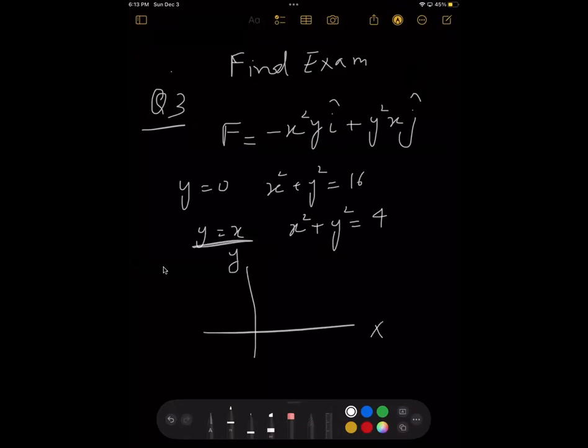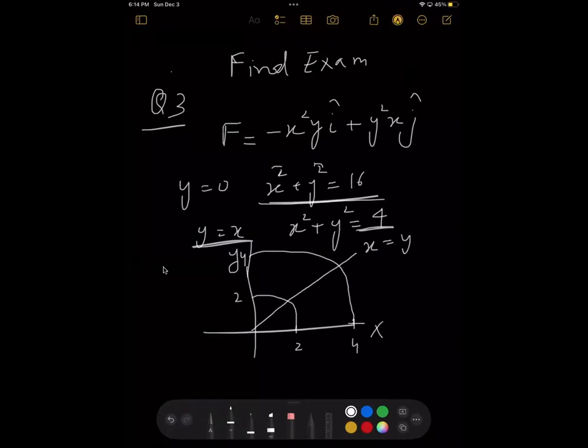Now y equals x means a 45-degree line. The circle x squared plus y squared equals 16 has radius 4, and this other circle has radius 2. Now y equals 0 is on this line.